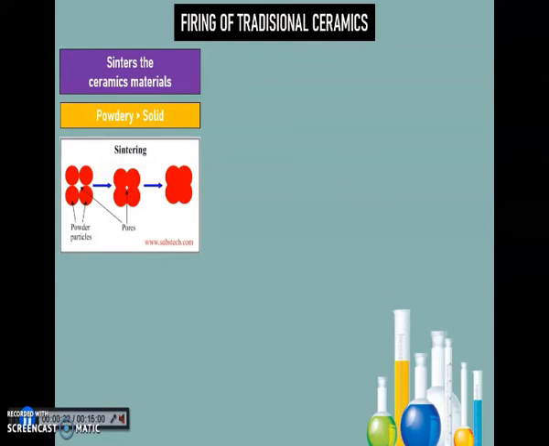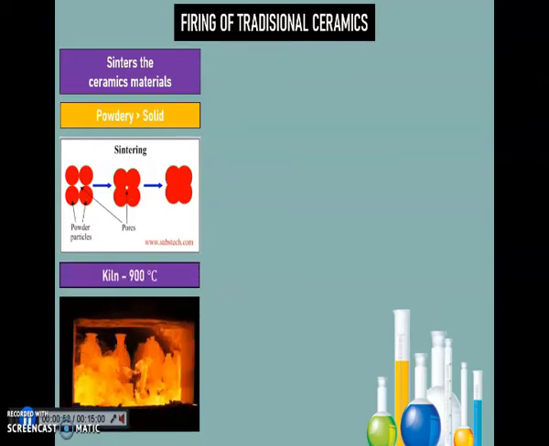So the word sintering itself shows that the powder particles of ceramic will turn to the solid, which means that in terms of powdery of ceramics, it will become a solid as shown in the picture. The first step, the pores is big, and when the sintering process, the pores become small in size. So that means the sintering process.